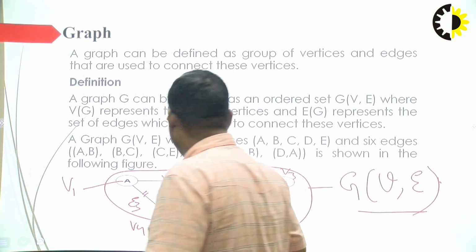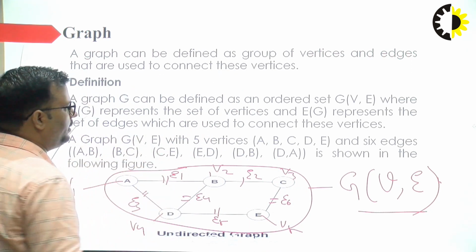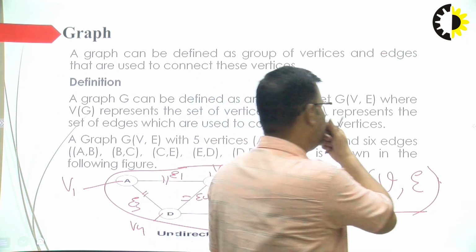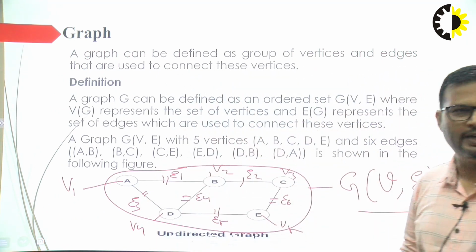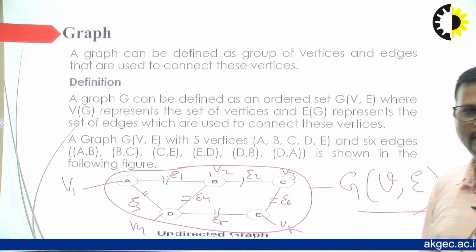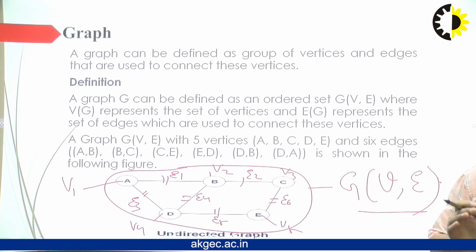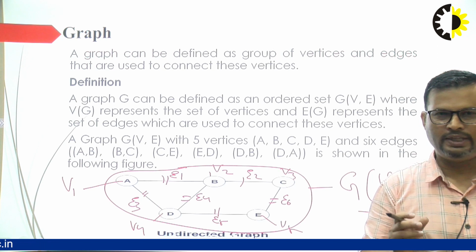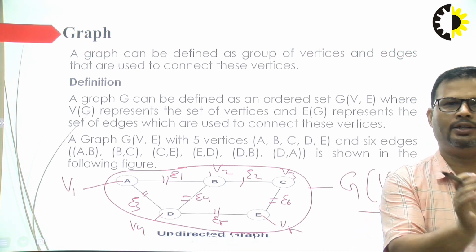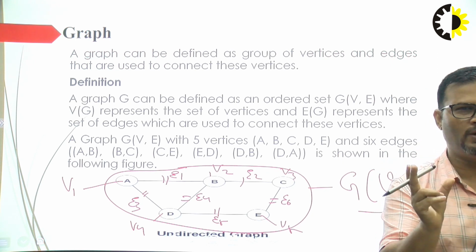So here we are also taking our examples. A graph G can be defined as an ordered pair G = (V, E), where V(G) represents the set of vertices, and E(G) represents the set of edges which are used to connect these vertices. Through the edges we connect two vertices; one edge connects two vertices.